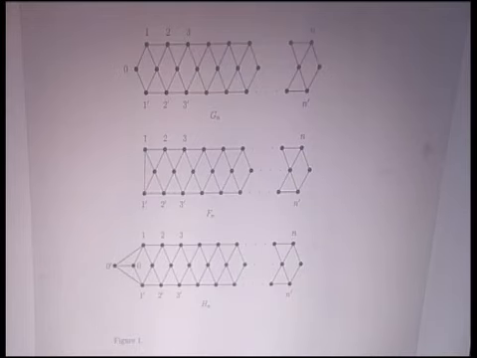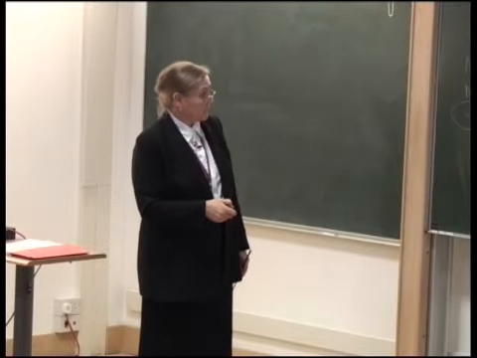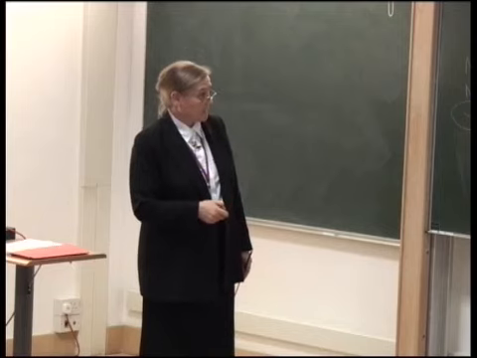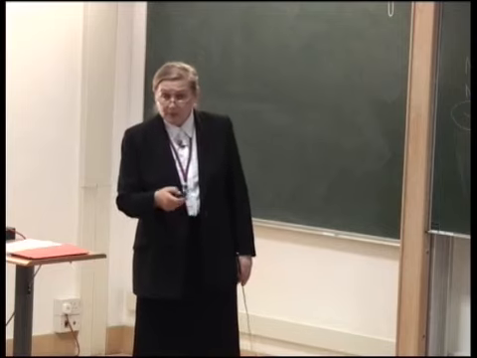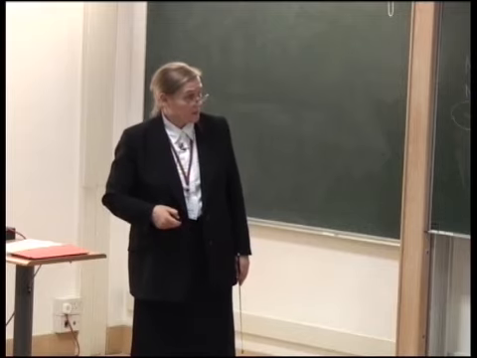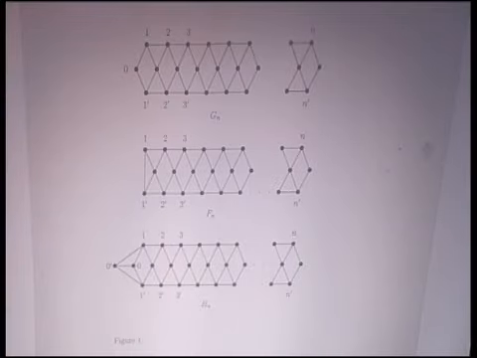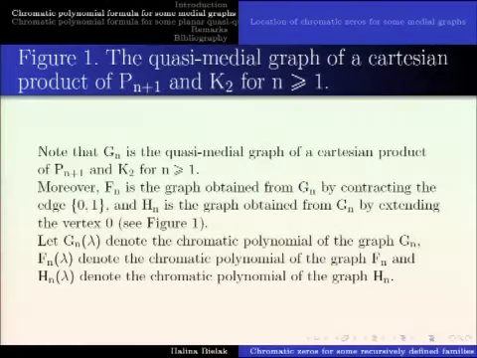Now we denote by capital letters G sub n of lambda, F sub n of lambda, and H sub n of lambda the respective chromatic polynomials for these graphs, G sub n, F sub n, and H sub n, respectively. We would like to count mainly the chromatic polynomial of this quasi-medial graph G sub n.